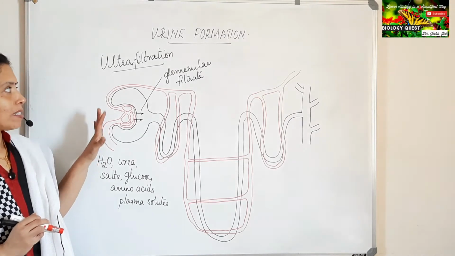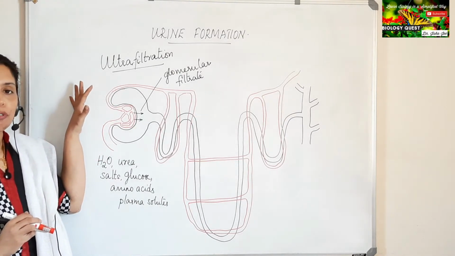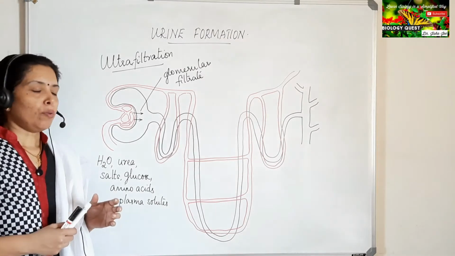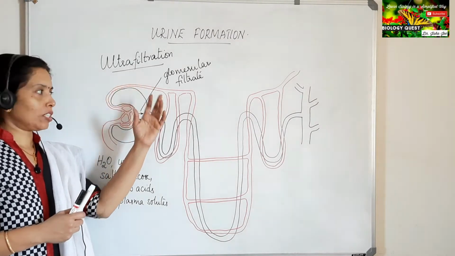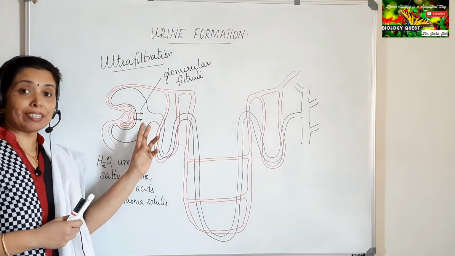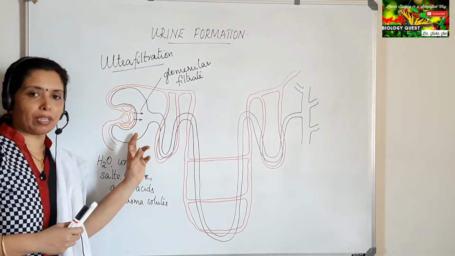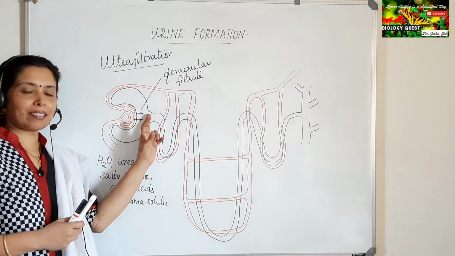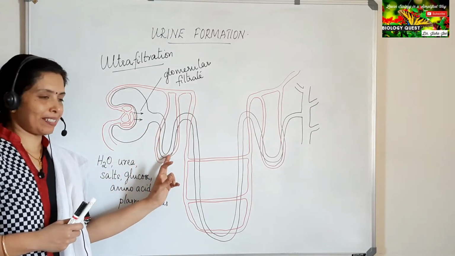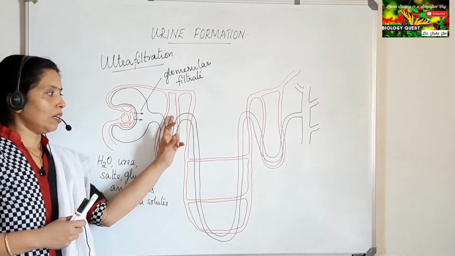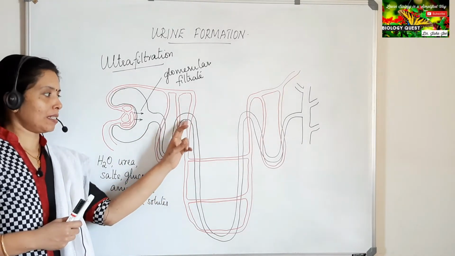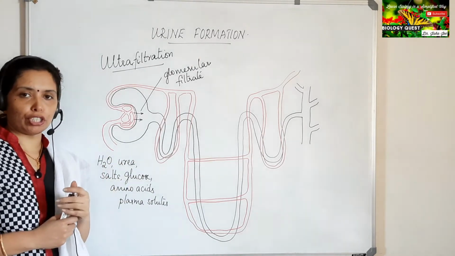Okay, so that is the first step of urine formation, ultrafiltration. Now, as a result of ultrafiltration, we have the glomerular filtrate in the hollow space of the Bowman's capsule. Now, this filtrate passes into the PCT, the proximal convoluted tubule, the first part of the renal tubule.